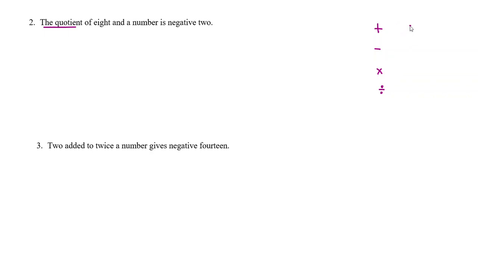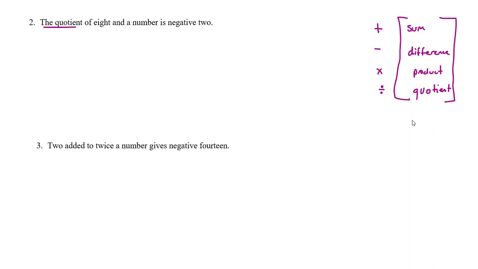The 4 words are sum, difference, product, and quotient, one we're using here. And all of these mean whatever it is that they mean, adding, subtracting, multiplying, and dividing, but they also mean the answer.